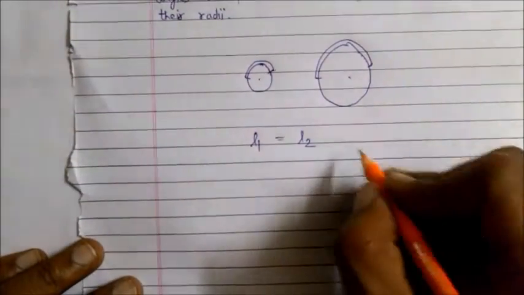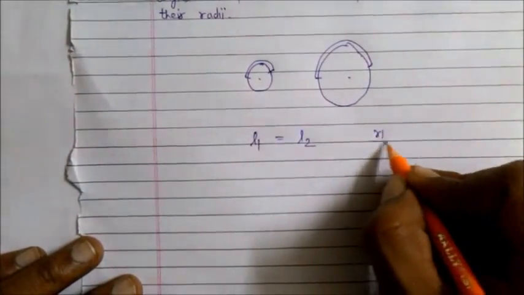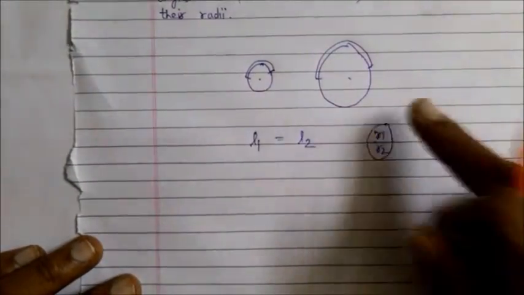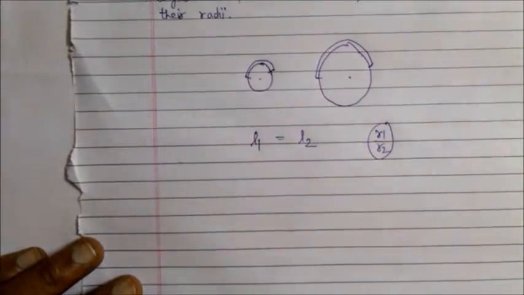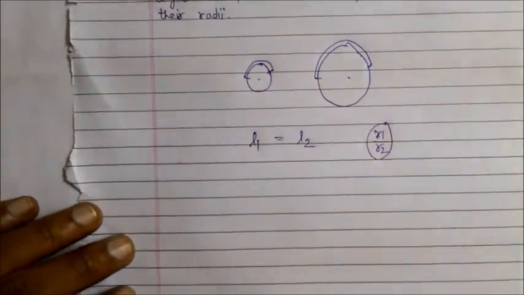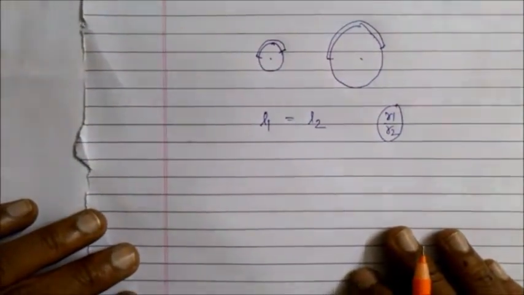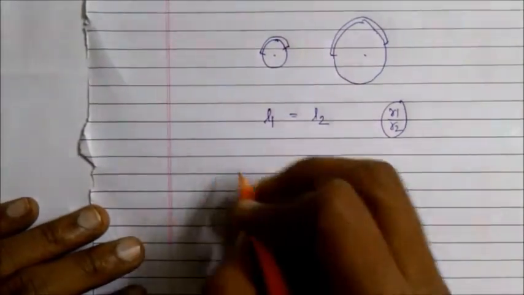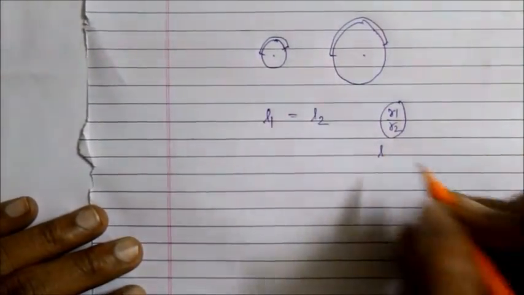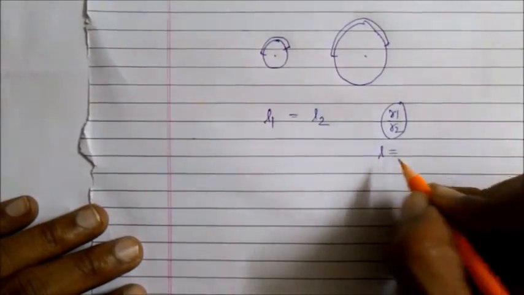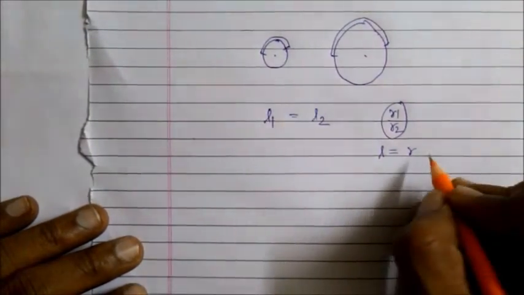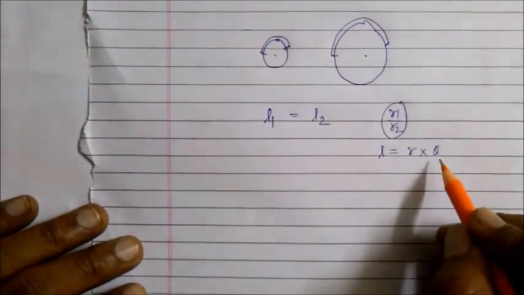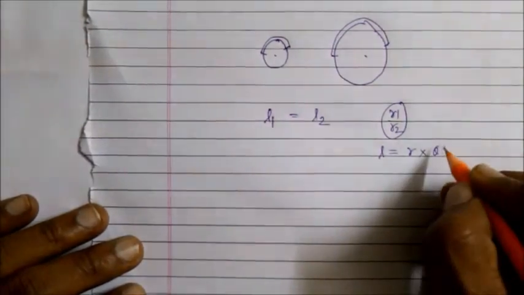Now we want to find this ratio, R1 upon R2, where R1 is the radius of the first circle and R2 is the radius of the second circle. Now, if you have studied the measurement of an angle, you may recall this formula. If L is the length of the arc, it is equal to the radius of the circle into the measure of the angle theta, and remember this angle theta is in radians.